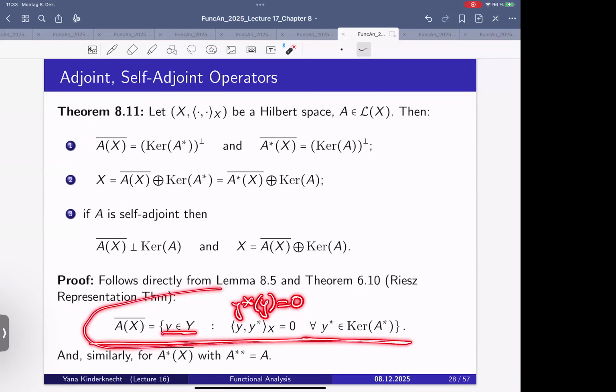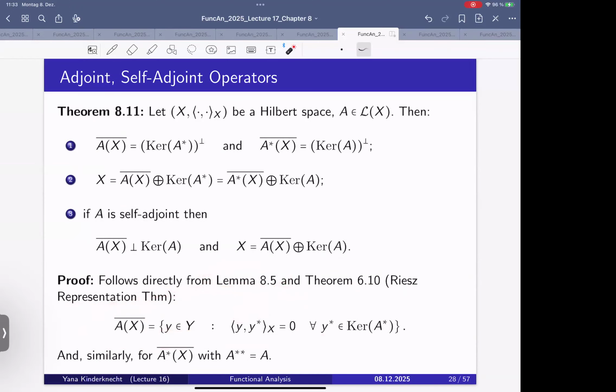And now using this representation theorem, we know that all continuous linear functionals act in this way. So everything here follows from Lemma 8.5. Agree? Yeah, agree.